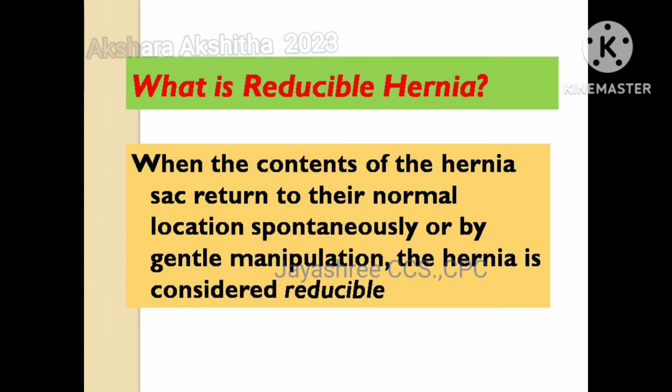Let's see what a reducible hernia is. In a reducible hernia, the content of the hernia sac returns to its normal location spontaneously or by gentle manipulation by the doctor. So this hernia we have to consider as a reducible hernia. A hernia that can reduce spontaneously or by gentle manipulation is called a reducible hernia.